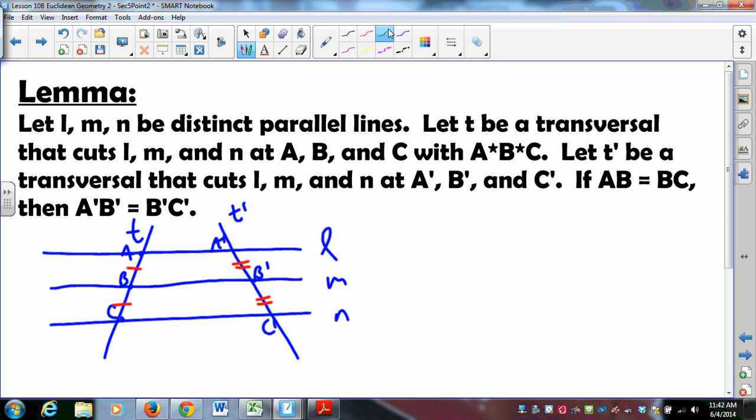Let's suppose that T prime is different than T and T prime is not parallel to T. Because if T prime is parallel to T, we're golden. So what we'll do is come over to A prime here and construct a parallel to T. It's going to cut over here at B double prime. And then we're going to come over here to B prime and construct another parallel to T. And it's going to cut over here at C triple prime.